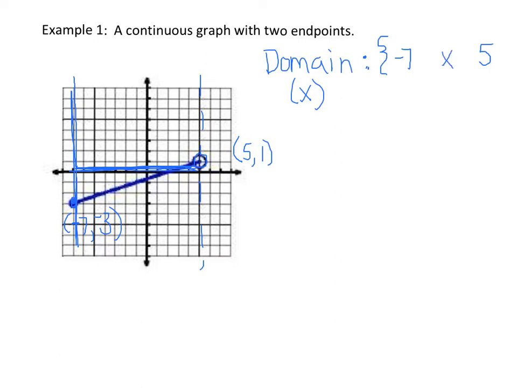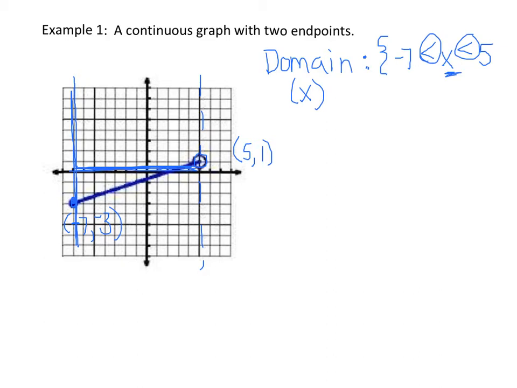So we put our x in the middle, and then we're going to put a less than on either side of that x. Basically what this is saying is that it's all of the x values that are greater than negative 7, because I'm reading it backwards, and all of the x values that are less than 5. I haven't put my lines in yet, so let's do that.